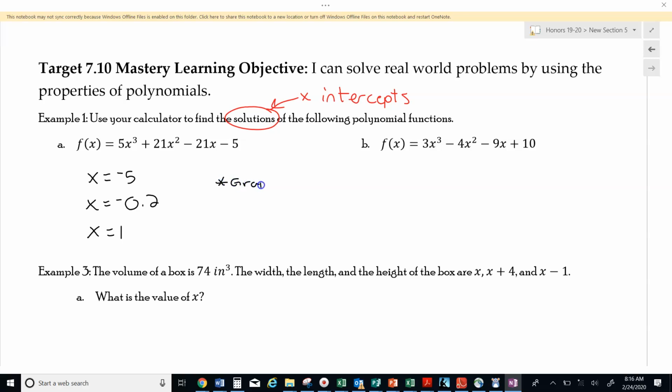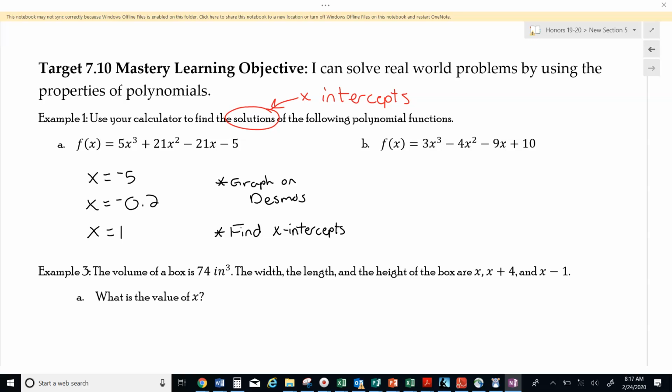So we graph on Desmos and then find x-intercepts.